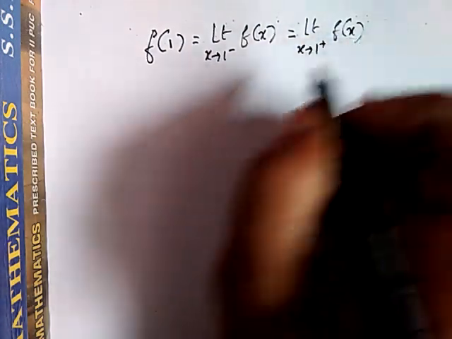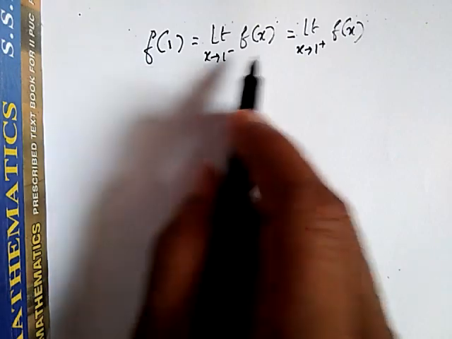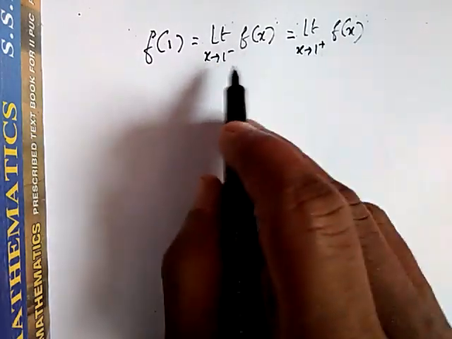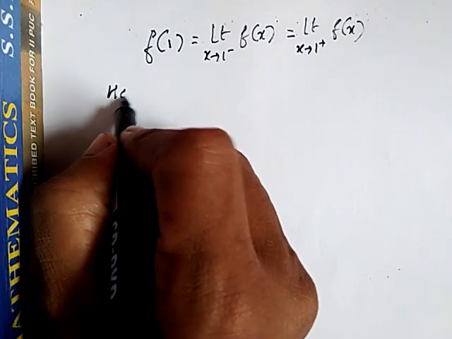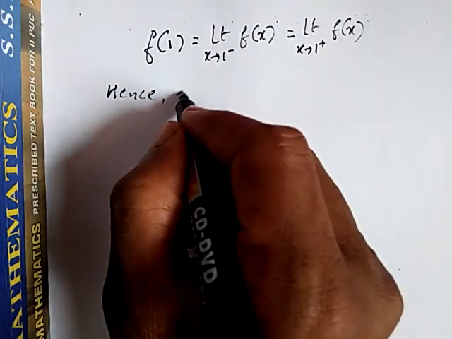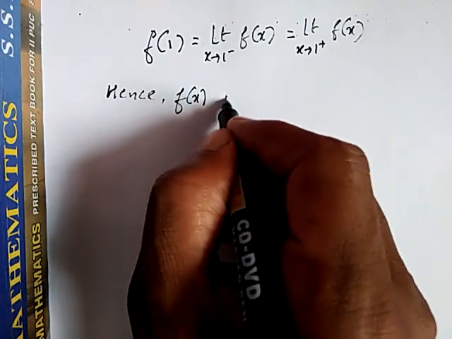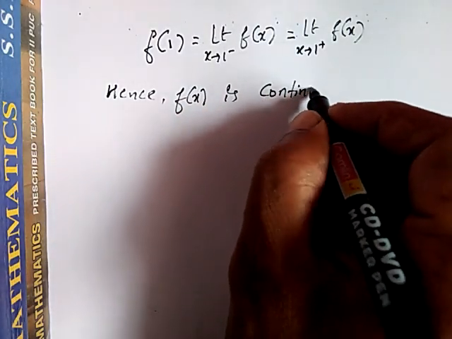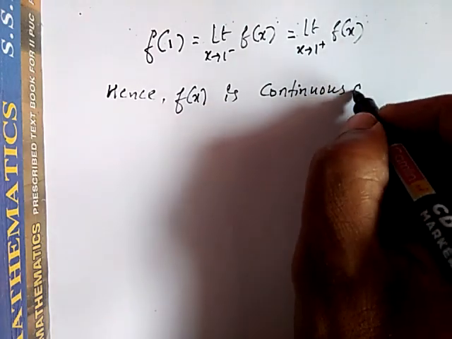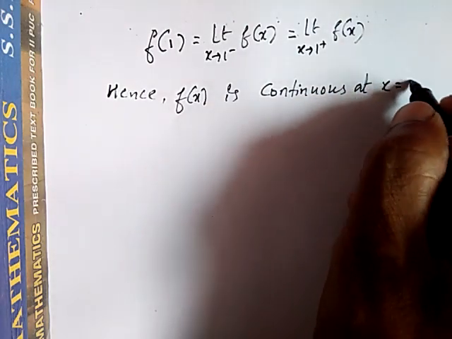All three are equal. If value of the function, left hand limit and right hand limit, all three are equal, hence we can say that the given function f of x is 2x plus 3, f of x is continuous at x is equal to 1.